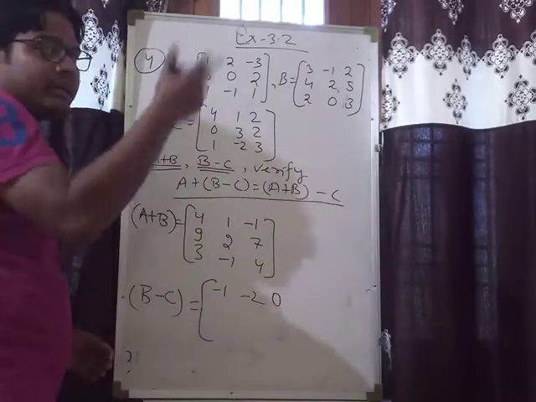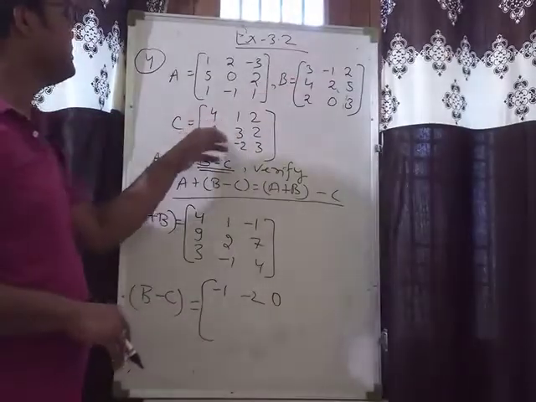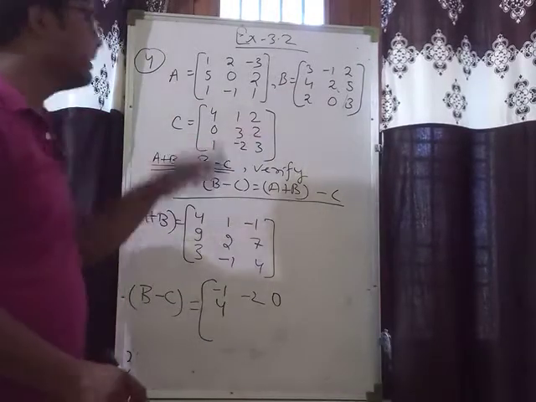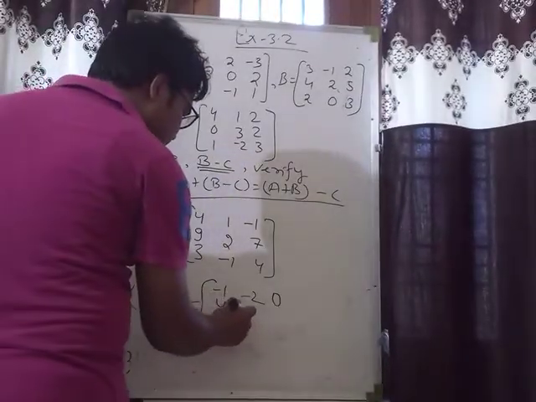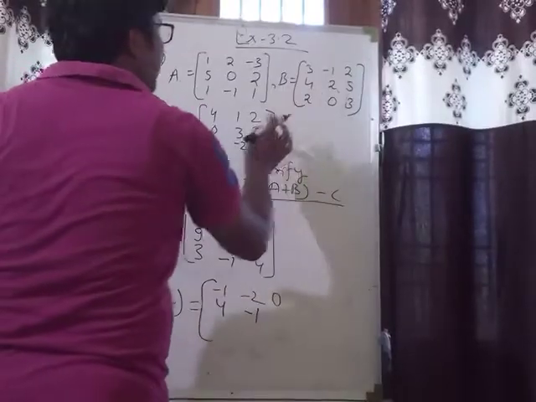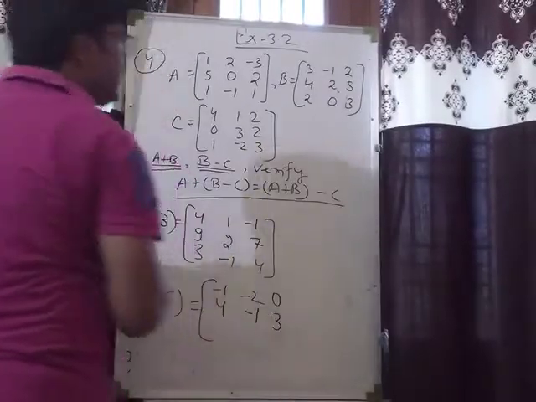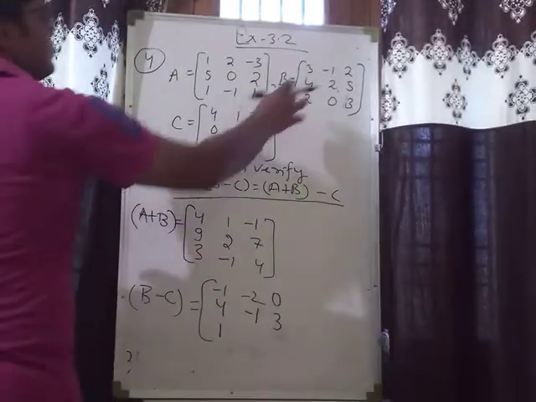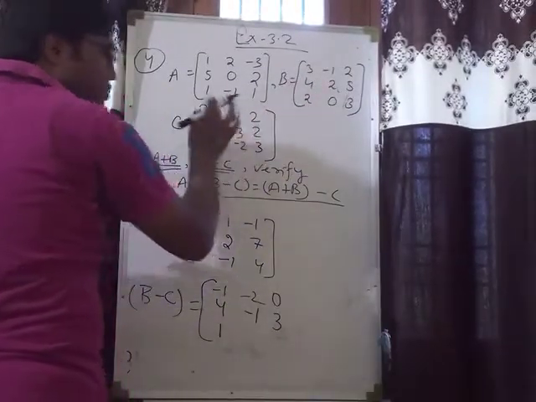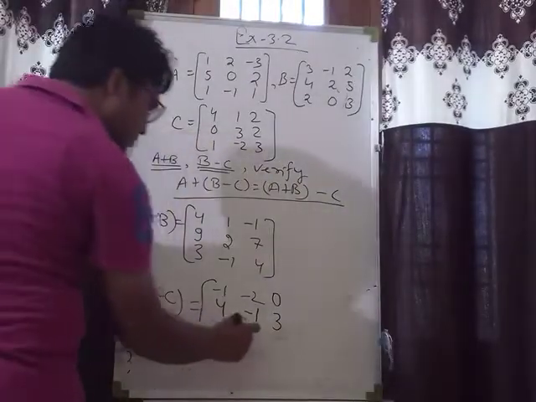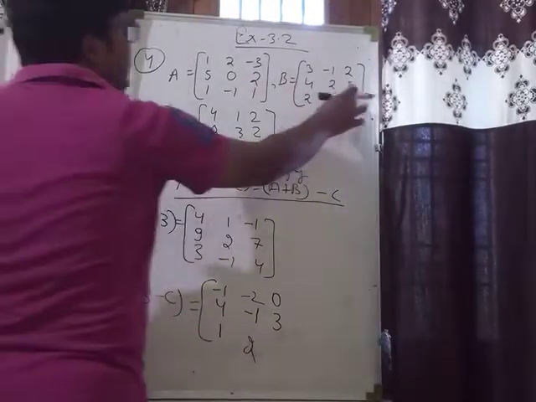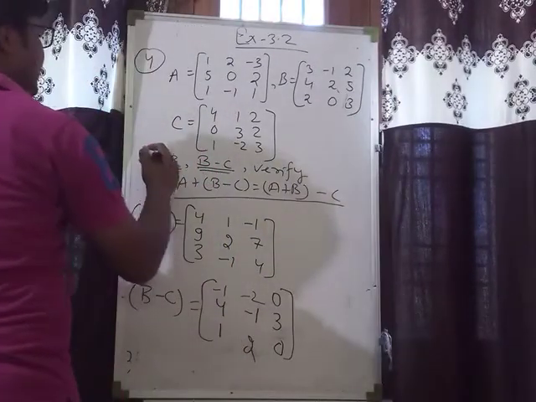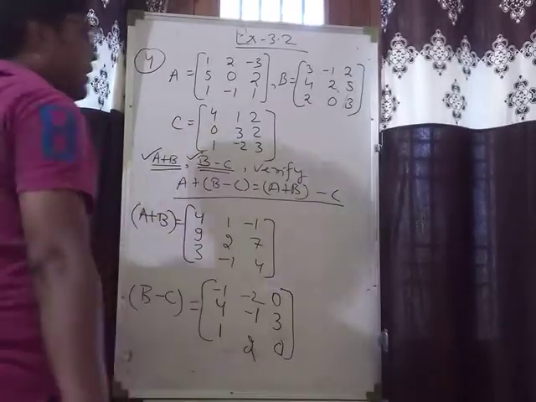We have to subtract corresponding entries. 4 minus 0, that is 4. 2 minus 3, that is minus 1. 5 minus 2, that is 3. 2 minus 1, that is 1. 0 minus 2, clearly that is minus 2. And 3 minus 3, that is 0. Okay, so A plus B is found, B minus C is found.